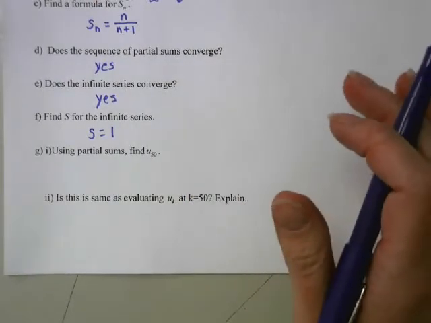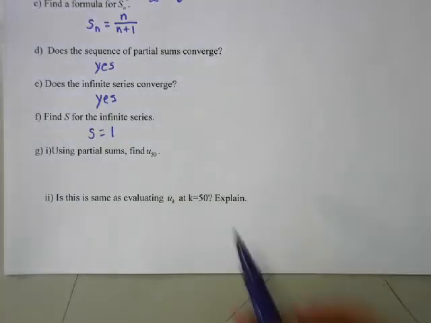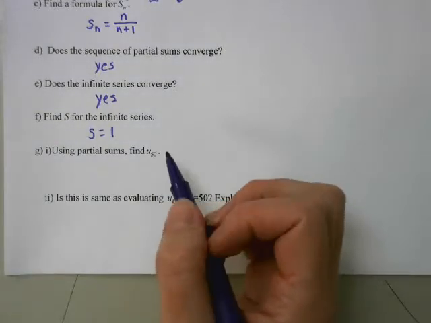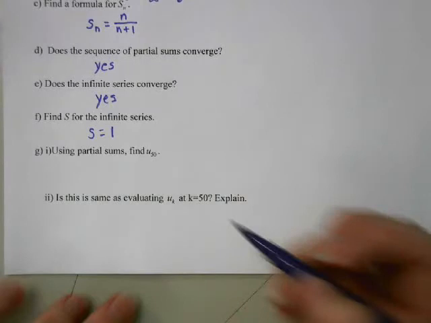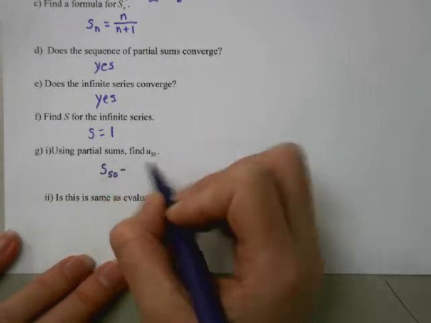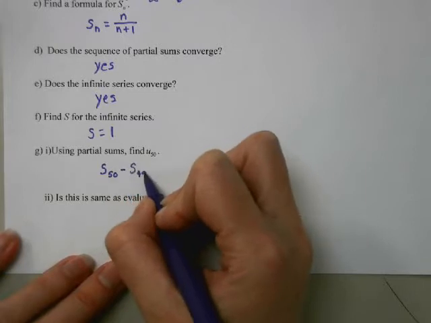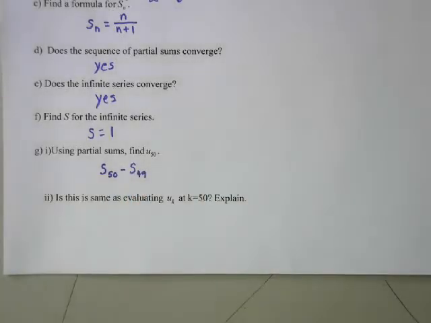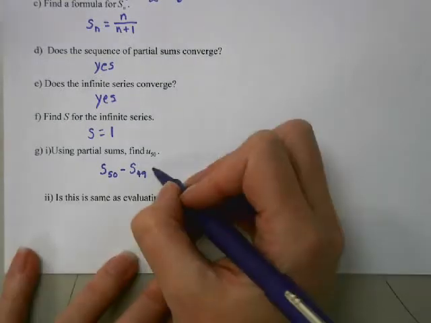Okay. So using partial sums, find u50. So we want to find the 50th term. If I'm using partial sums, that means I'm going to take the sum at 50 and subtract the sum at 49, because what that's going to leave me with is just the 50th term.